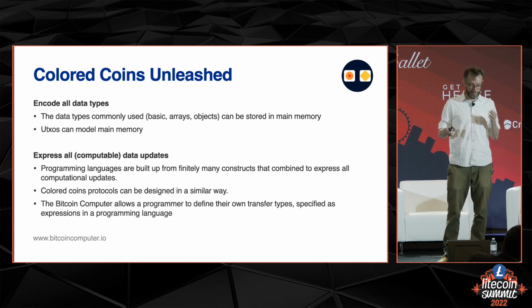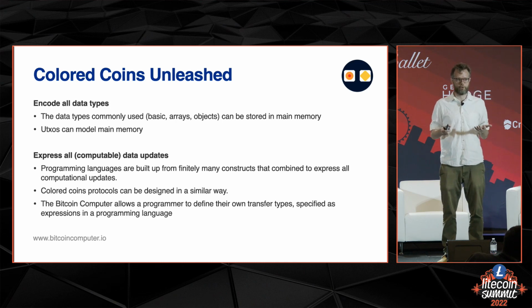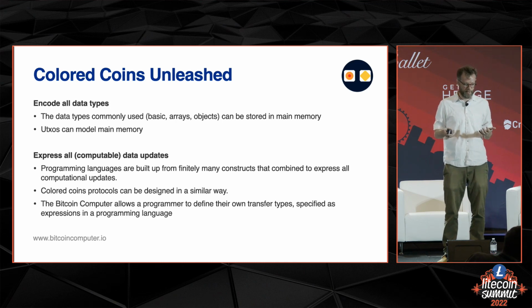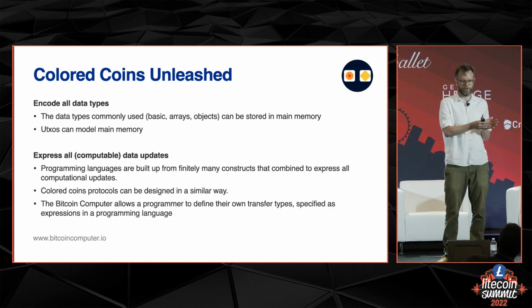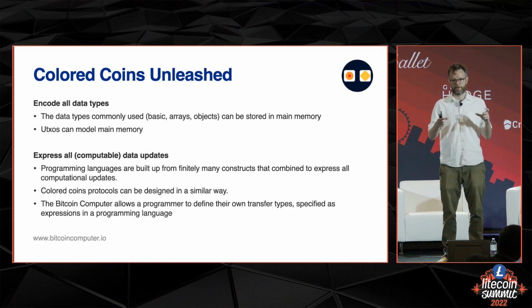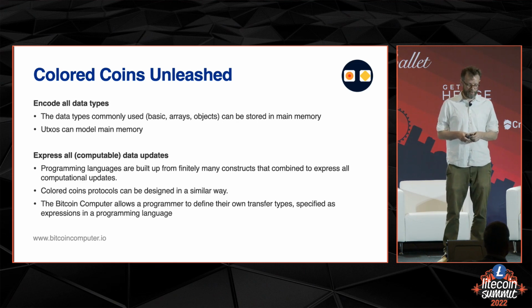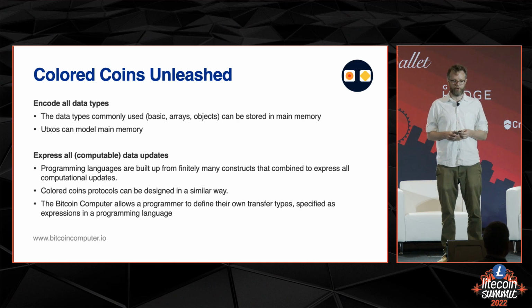Now, we can take this as inspiration for how to design colored coin protocols. The basic transfer types of a colored coin would correspond to the basic syntactic constructs of a language, and if you define these basic transfer types correctly, then you can recombine them to compute any possible update. And the third trick that's required to make it all work is that you have to give more power to the programmer, right?